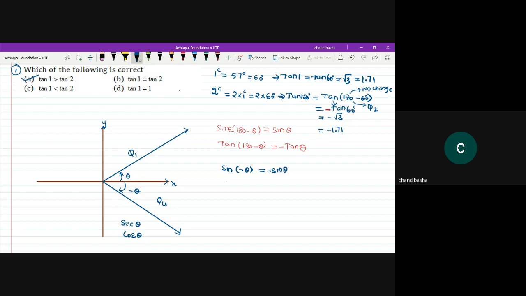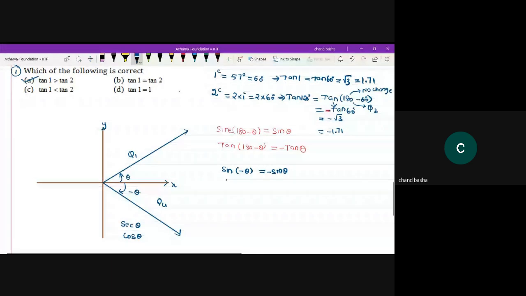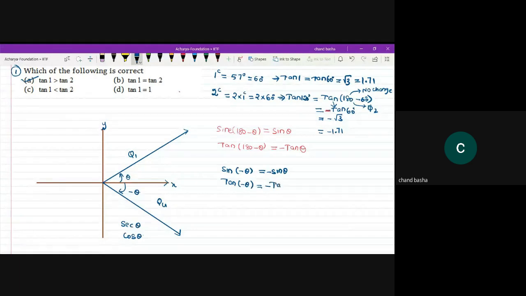Except cos and secant, the rest of the 4 I can take like this. Let us see the second one. Tan of minus theta is equal to minus tan theta.